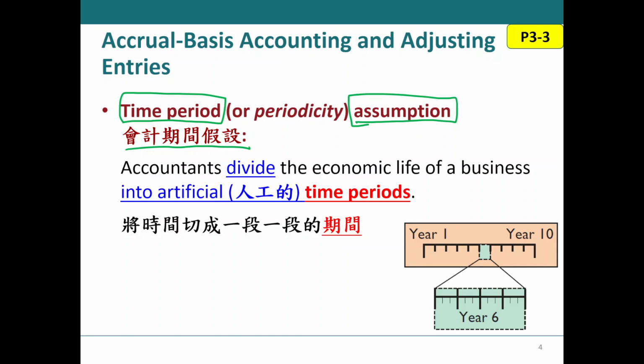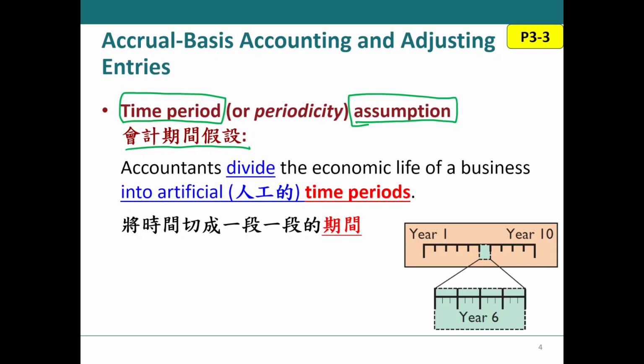Time is continuous, right? So could you cut any point on the time? Impossible. Why? Because the time continuously passes by. Could you cut it into any point? Impossible. But we try to do that.